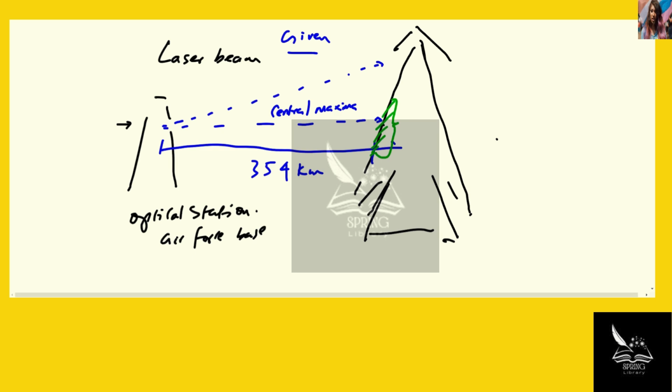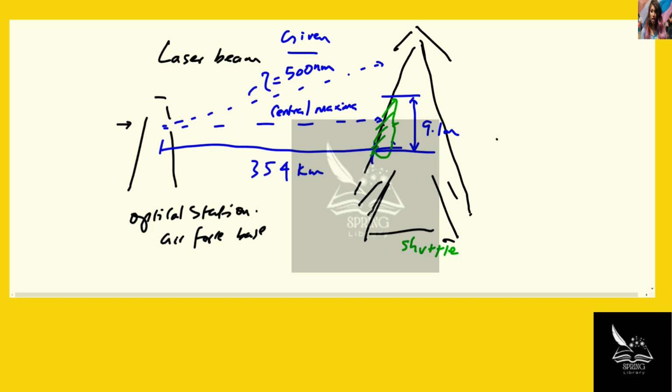At the shuttle, the diameter happens to be 9.1 meters. Another piece of information that we're given is lambda, the wavelength, which is 500 nanometers. That's our lambda.